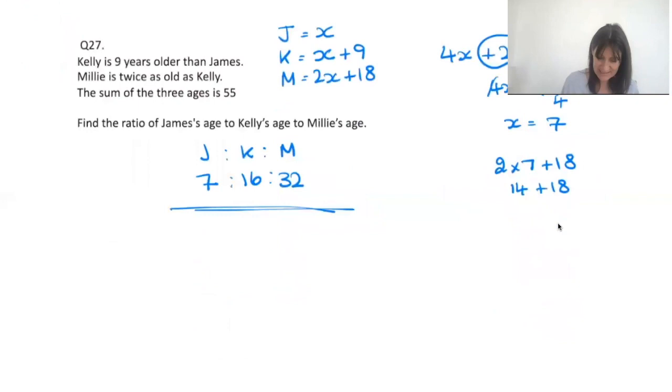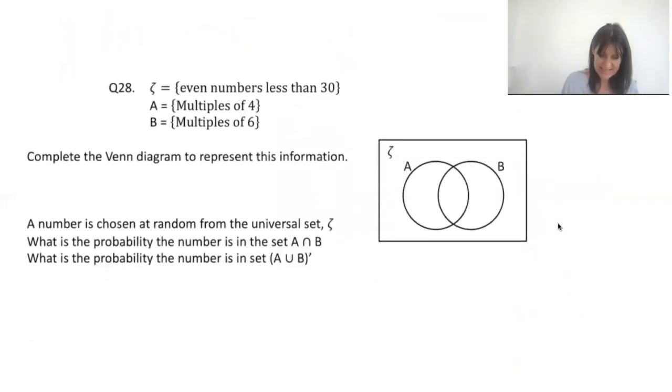All right. Question 28. Hit pause, press play when you're ready. Okay, so we've got the even numbers less than 30, that all those numbers, all of the even numbers need to go into it.